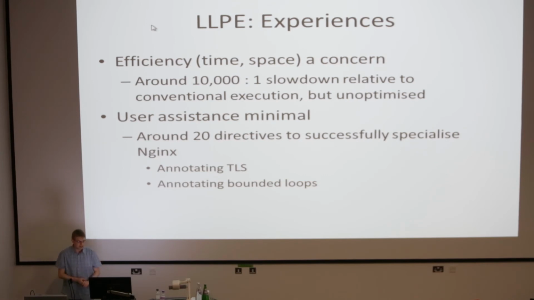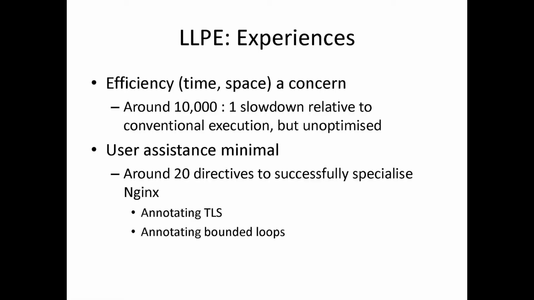On the plus side, the user assistance required in order to produce the kind of Nginx specializations I was talking about isn't too great. We're talking about 20, 30 or so directives to achieve those specializations. One of those I mentioned earlier was annotating the thread local storage, and also map containers where the specializer couldn't understand them because they involved pointer ordering.